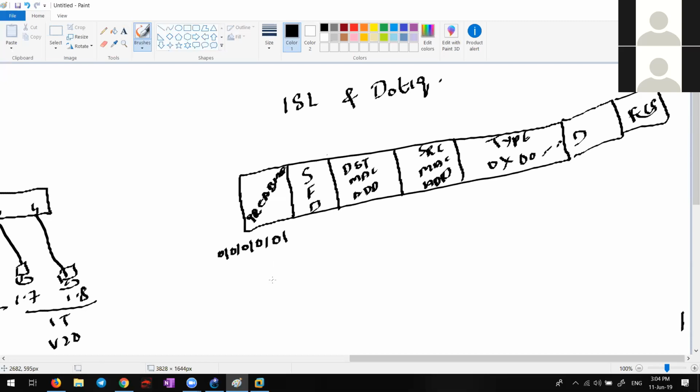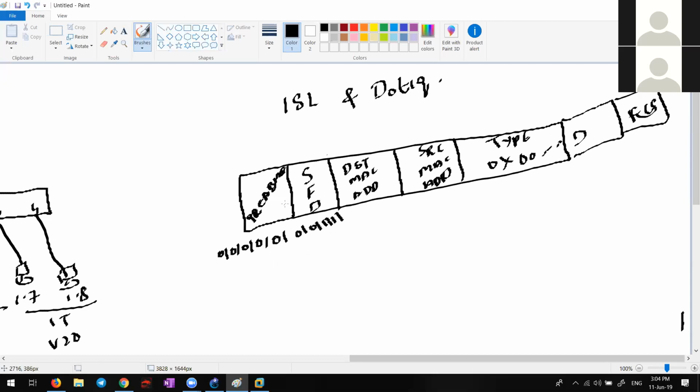There is a synchronization required at the bit level, I mean the wire level. To synchronize with the remote device, this preamble is set. And at the end of that preamble, we have the SFD, start frame delimiter. It will also be like 0, 1, 0, 1, then 1, 1, 1, 1.